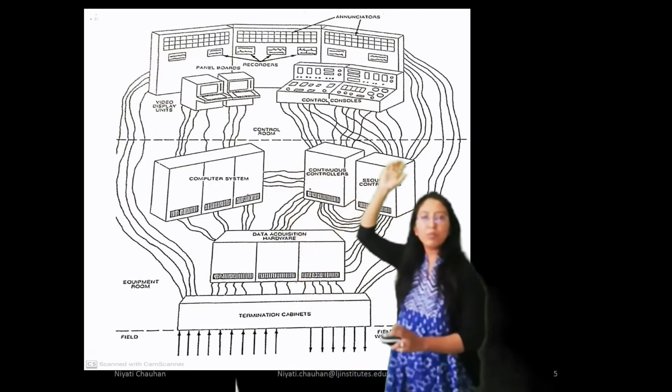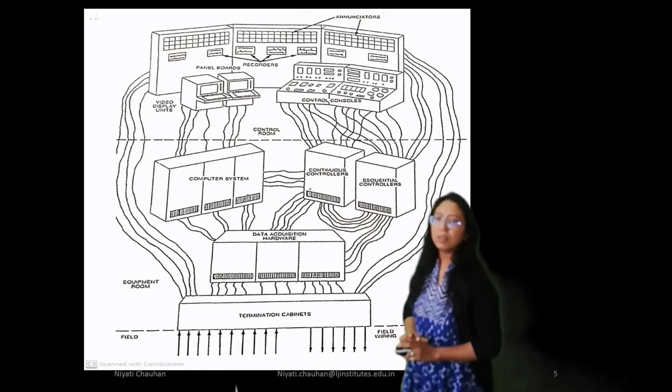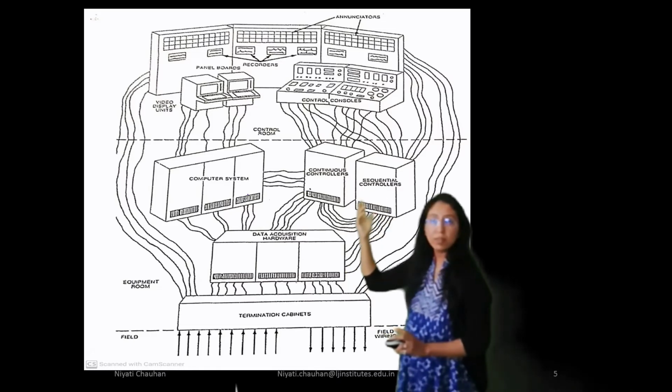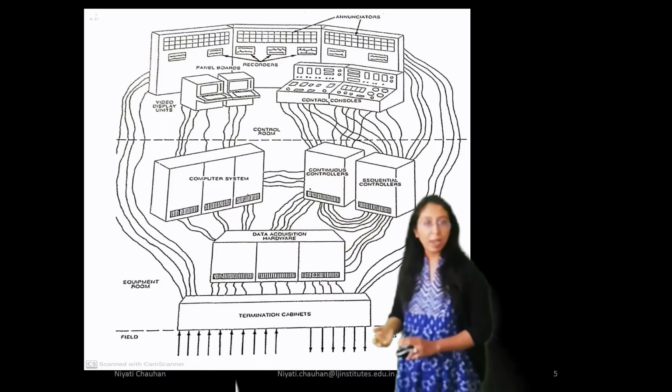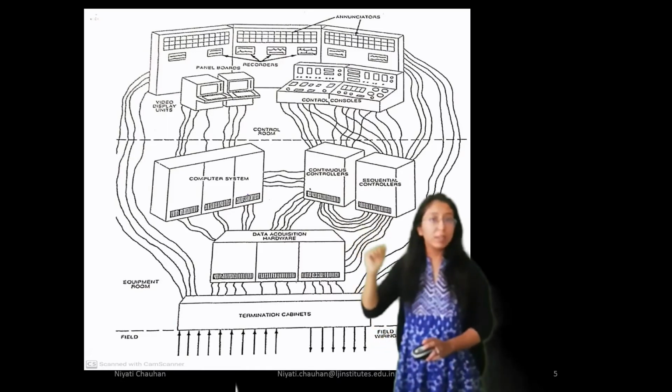Control panels are also connected with them. In the control panel we use annunciators, that means a bell or light that provides information about a particular state condition.